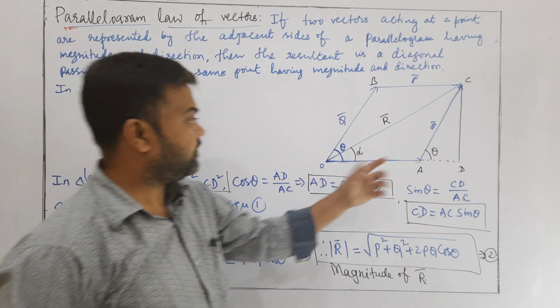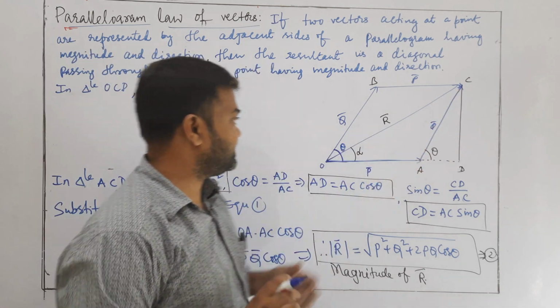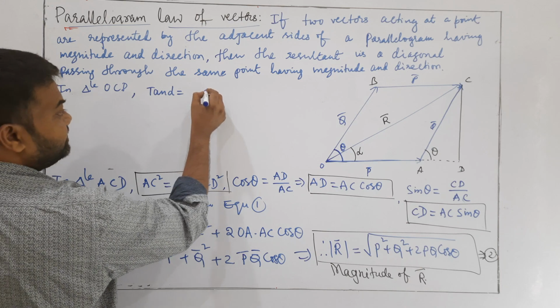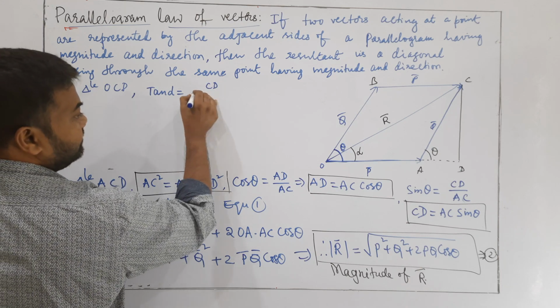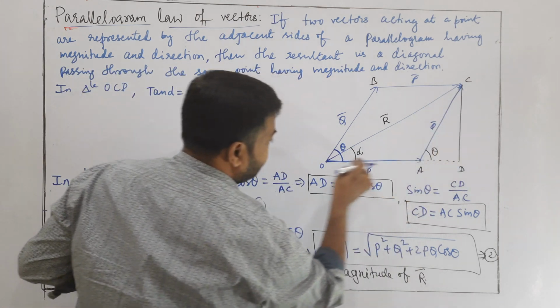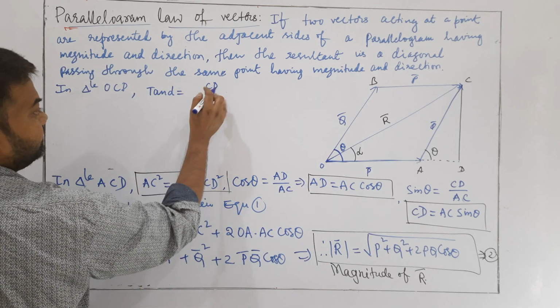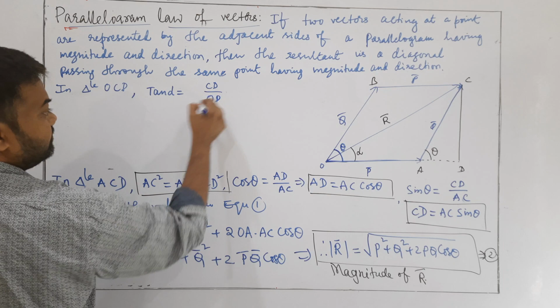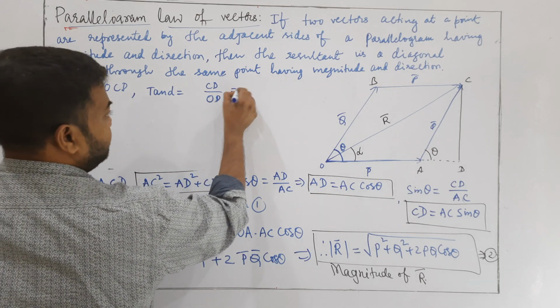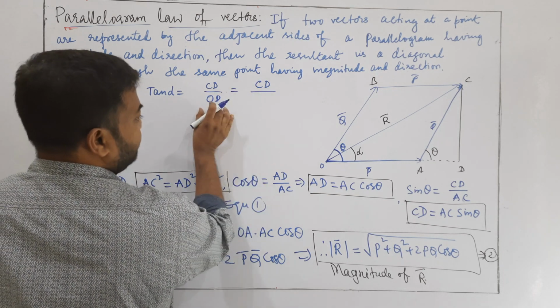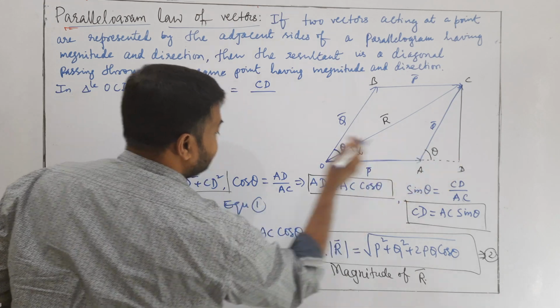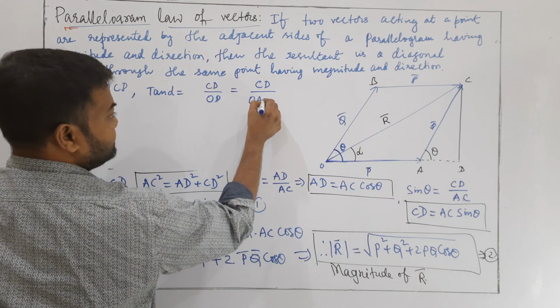What is tan alpha? Opposite side by adjacent side. What is the opposite side? Because alpha is the angle in this triangle, it is CD by OD. What is OD? OD means OA plus AD.